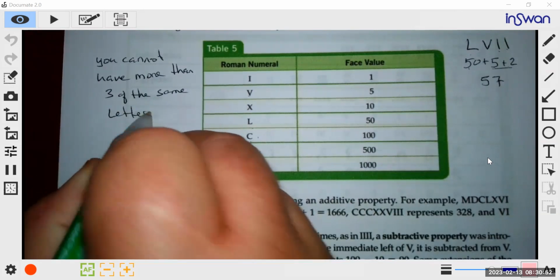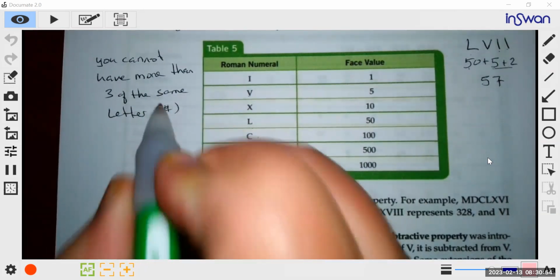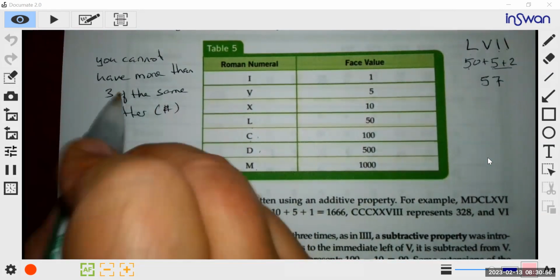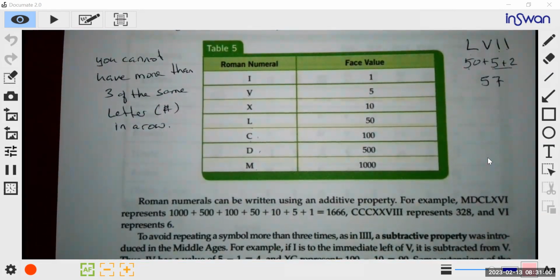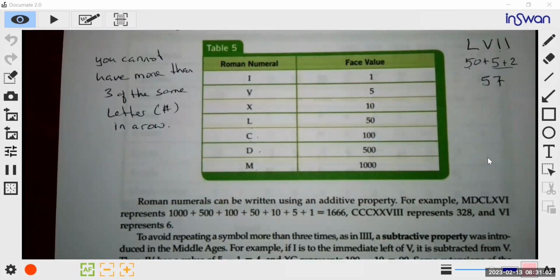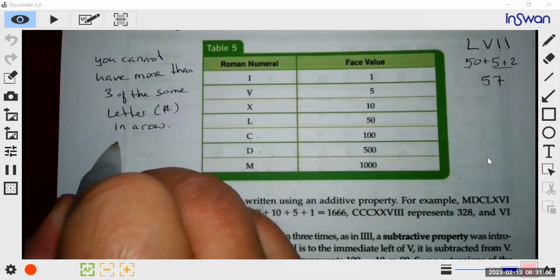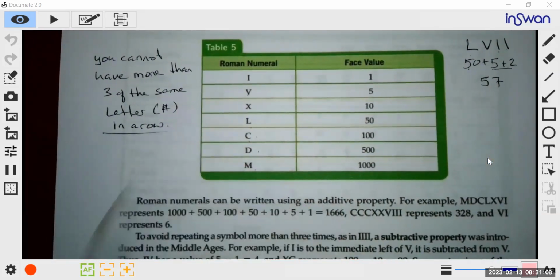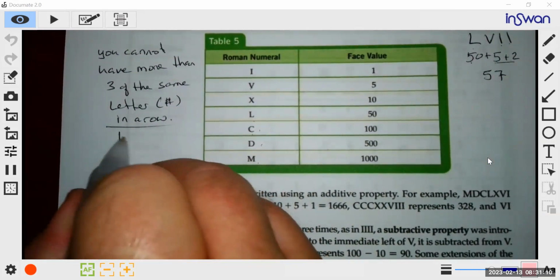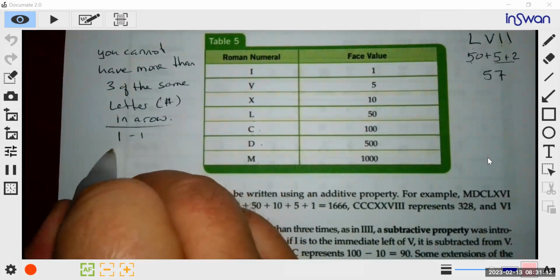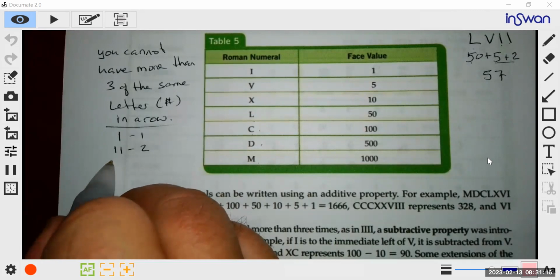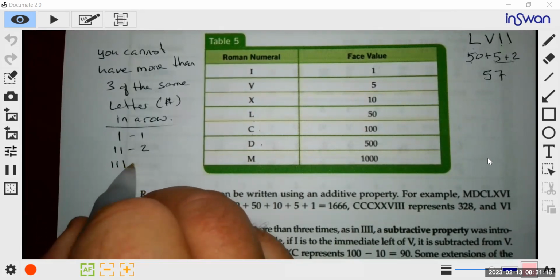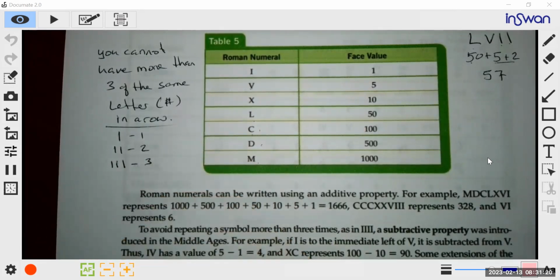I'll put letter because that represents numbers. So this is what this means. I'll put over here, this is the number 1. This would be the number 2. This would be the number 3.